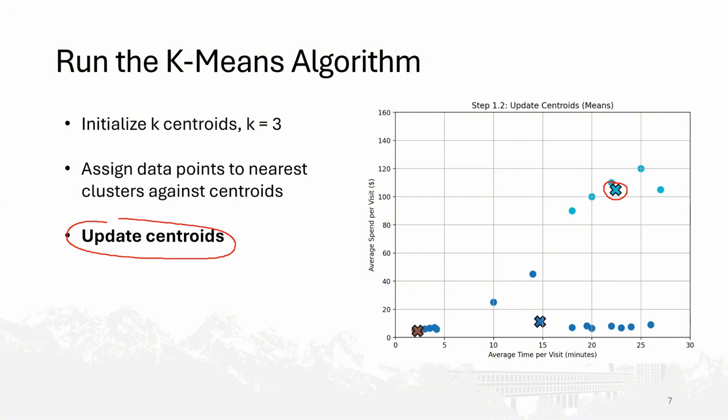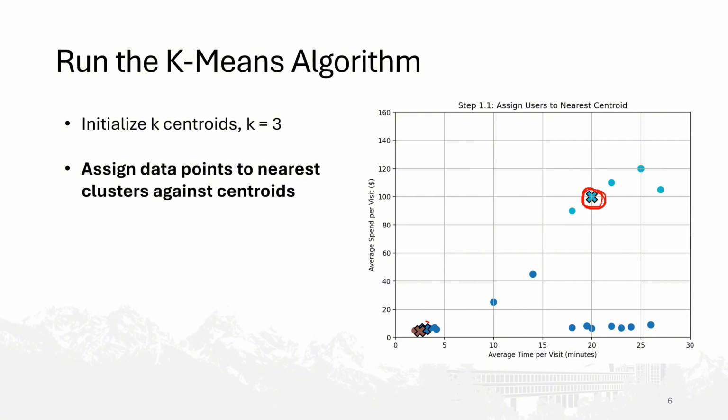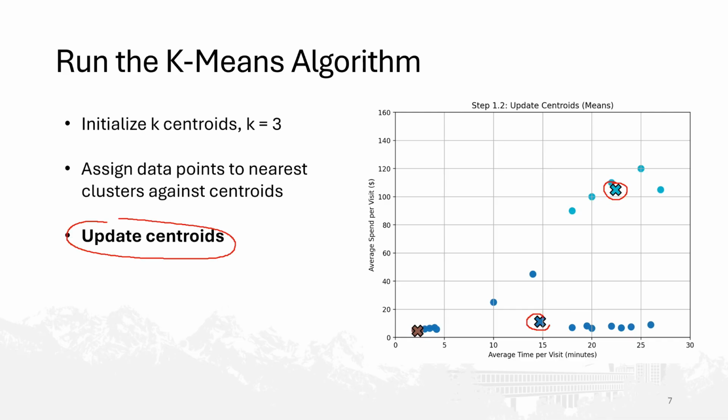It moved a little bit because now we have new data points belonging to this cluster. The blue one is the same thing. Previously, we had this blue centroid here. After updating, it moves toward the right because now we have new members joining this cluster. So we update the centroids. Now we have the new centroids.